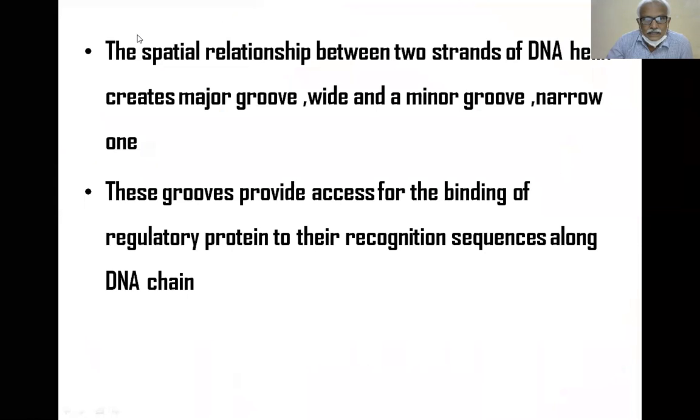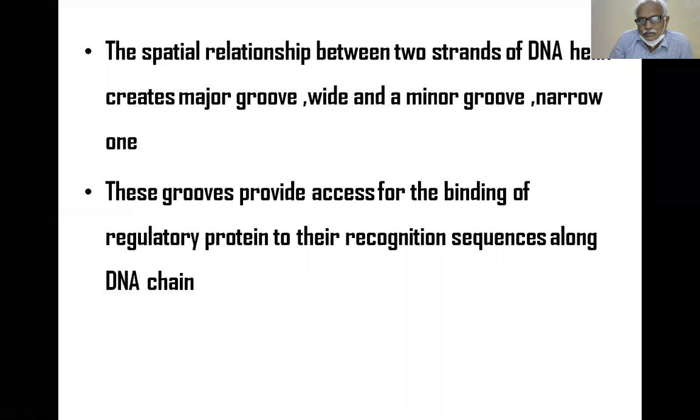So the basis, the spatial relationship between two strands of DNA, they create major groove and minor groove. Major groove is a wider groove, you know pretty well about the structure of DNA, and the minor groove is a narrow groove.